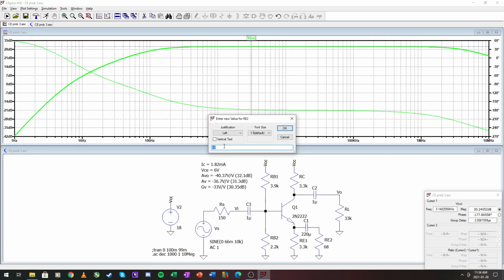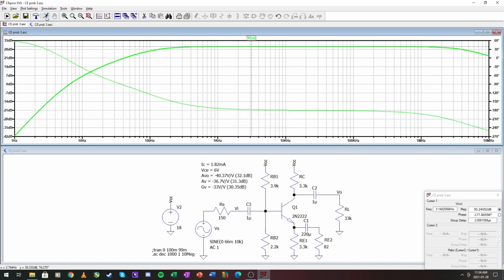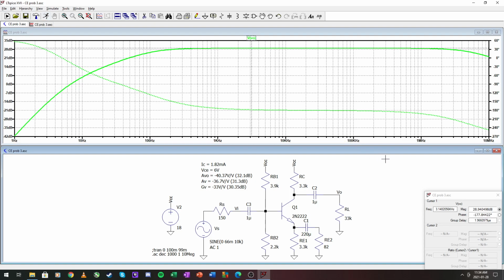Let's check what would happen if we change this into an 82 ohm resistor. That yields 28.9 decibels, which is roughly 28 volts per volts.